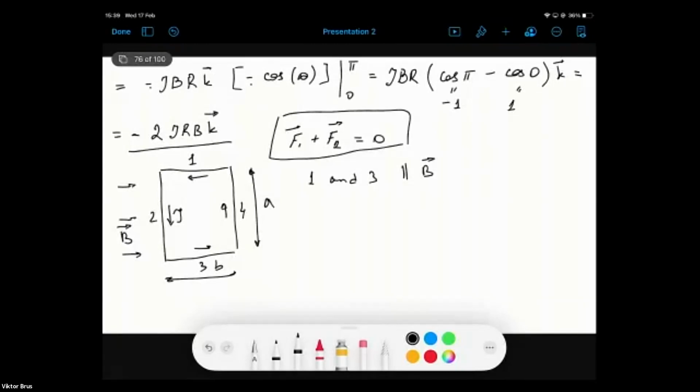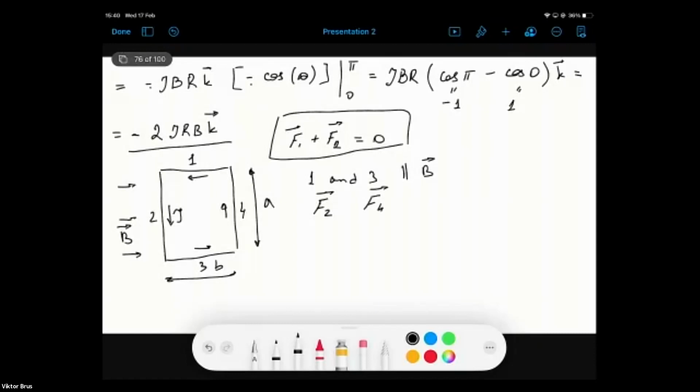So we don't consider these forces, but there are segments 2 and 4 where electric current flows perpendicularly to the magnetic field vector, and definitely there will be some magnetic forces acting on these segments. We will call them F2 and F4.